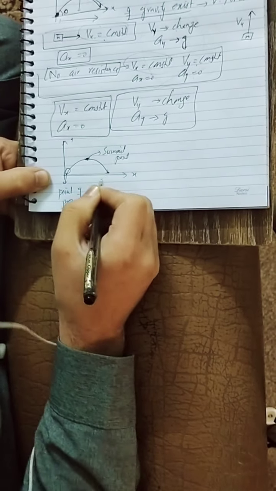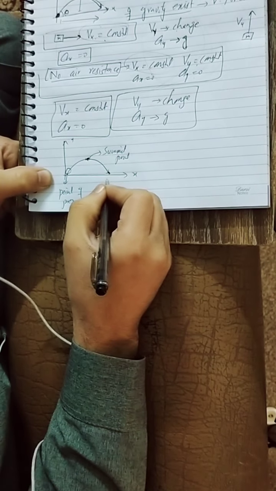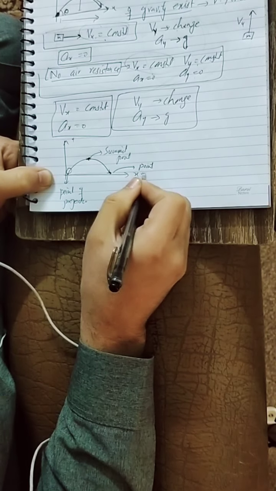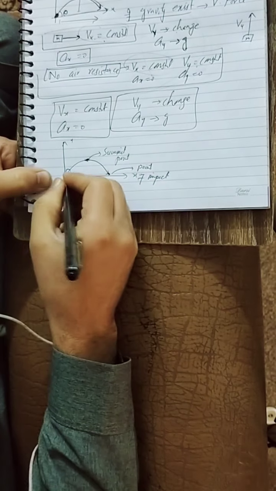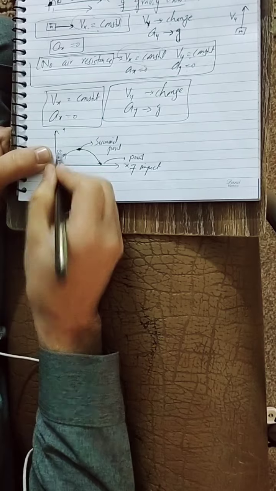This point, which is a little bit above the ground, is called the point of impact. At the initial point, the velocity is vi.